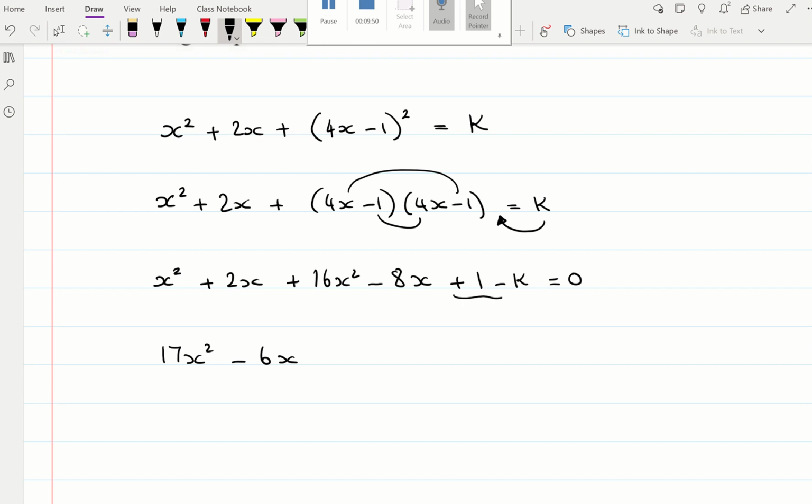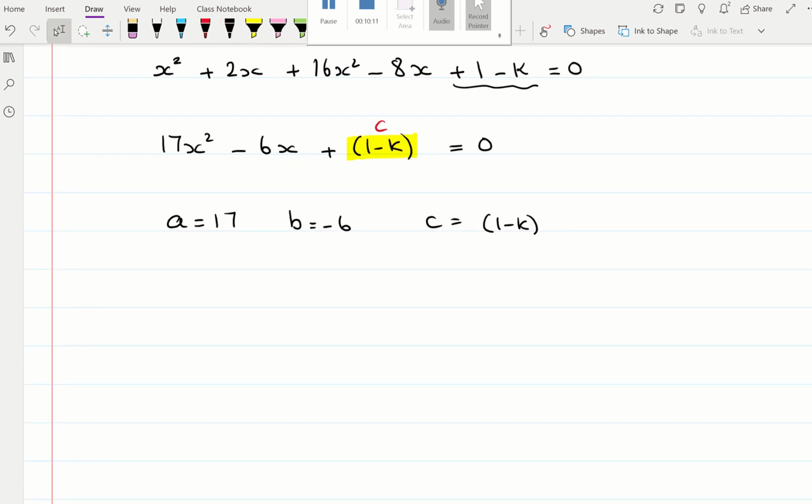And then I've got plus 1 minus k. You don't have to put it in brackets, but I'm going to put it in brackets because I recognize that this whole thing is C. So A is 17, B is negative 6, C is 1 minus k.